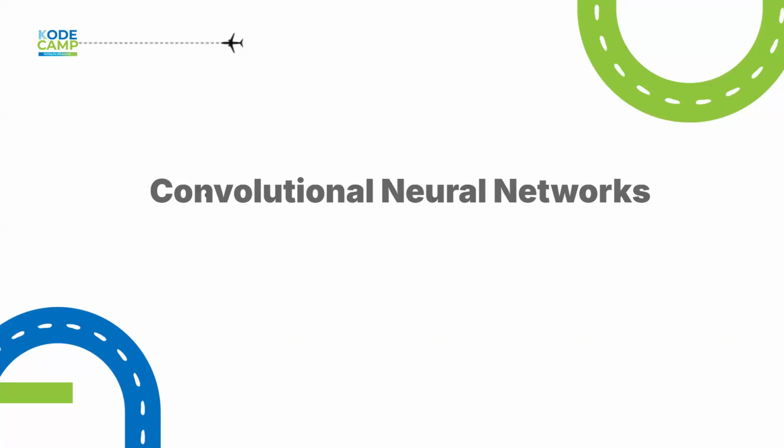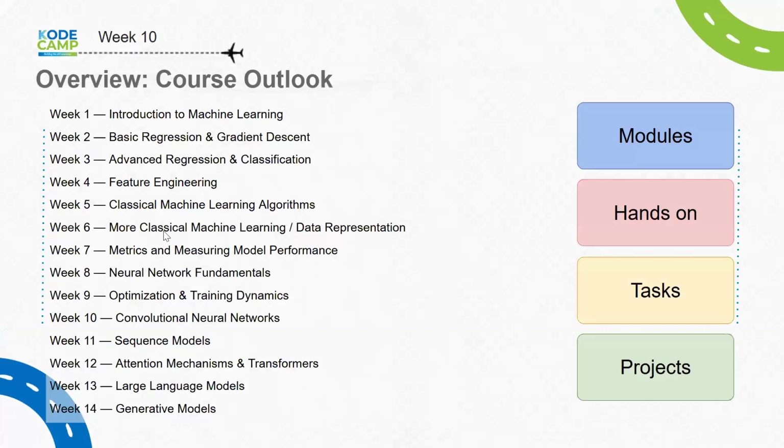We will look at the convolutional neural network, which is what we'll talk about today. Then we will look at recurrent neural networks, or sequence models. Then we'll look at the more modern deep learning that is the foundation for the large language models we are hearing about today: the attention mechanisms, transformers, and then we'll look at generative models.